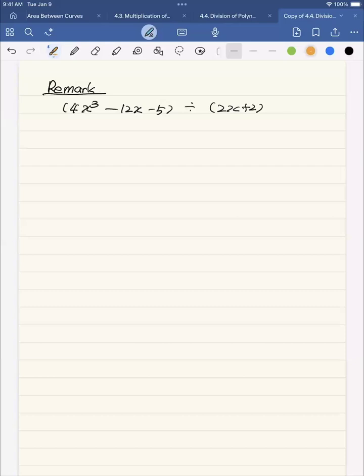In this case, everything is the same other than that one of the terms is dropped when we compare with the previous example. This is degree 3, and this is degree 1, and this one is degree 0. So it skips degree 2.